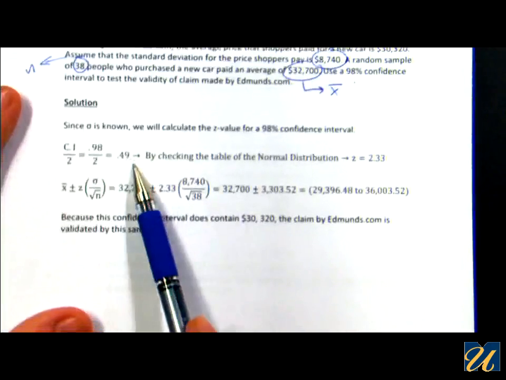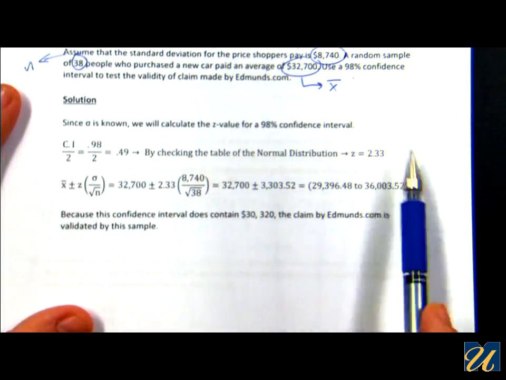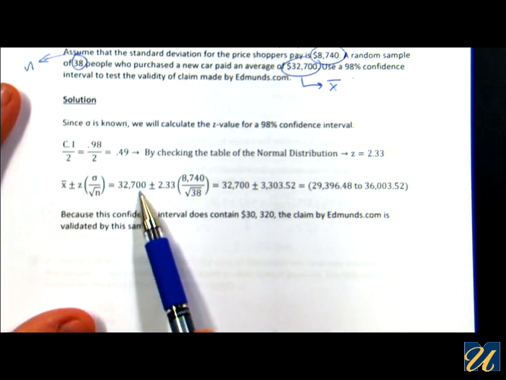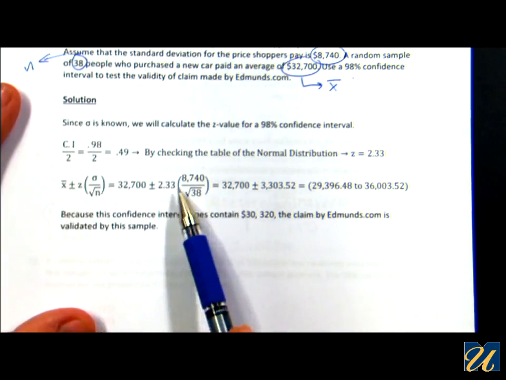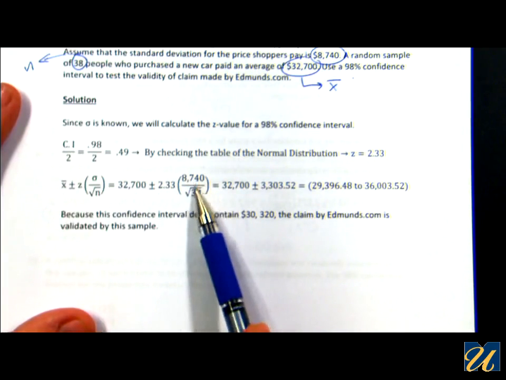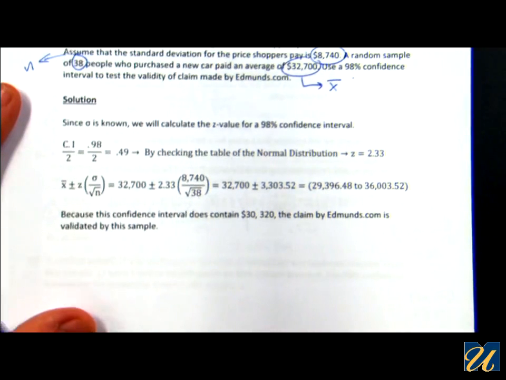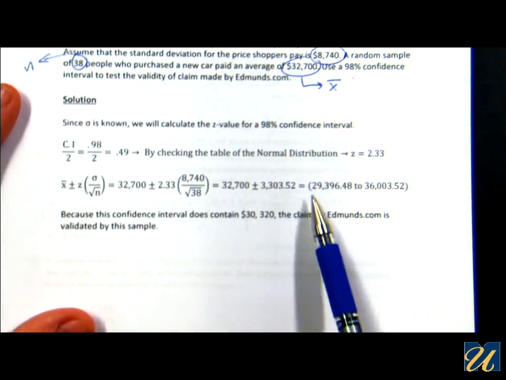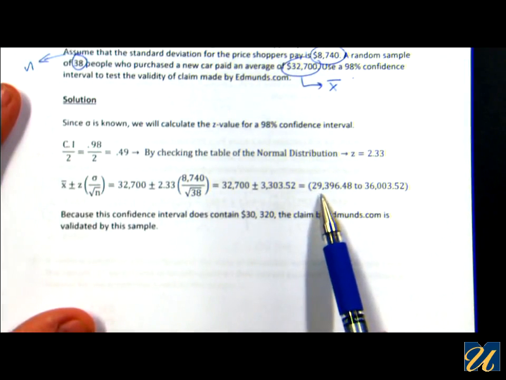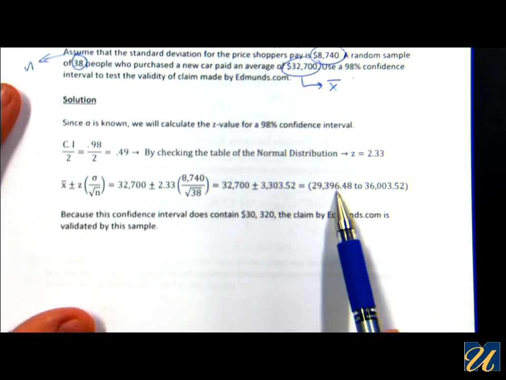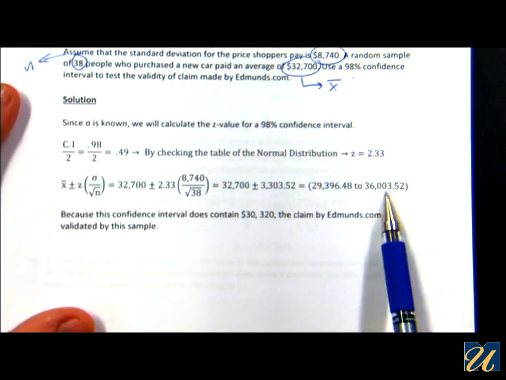Once again, the z-score that corresponds to this confidence interval is 2.33, x bar 32,700 plus minus 2.33 times the standard error of the mean, 8,740, divided by the square root of 38. And the confidence interval is 29,394 to 36,003.